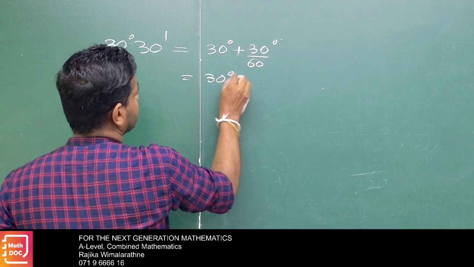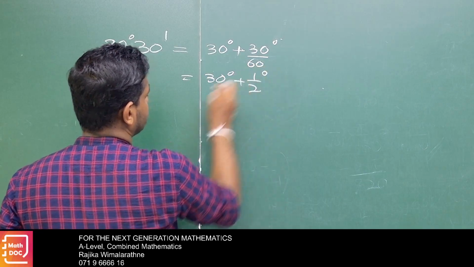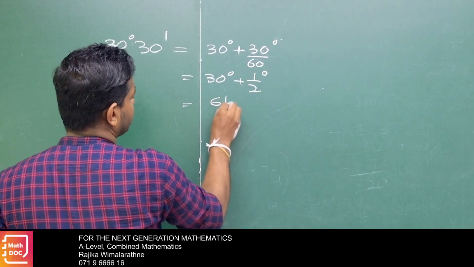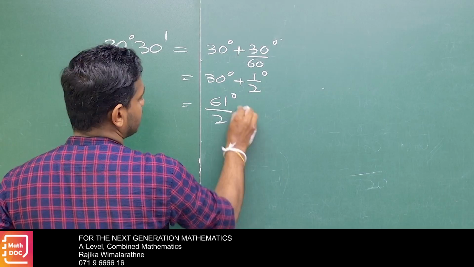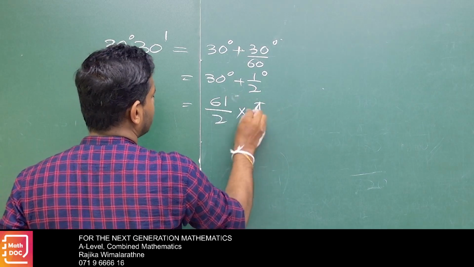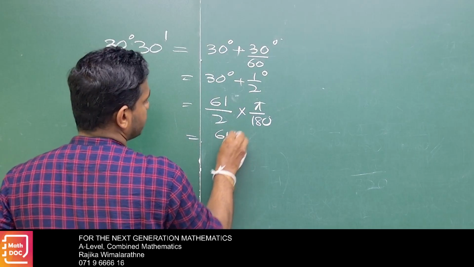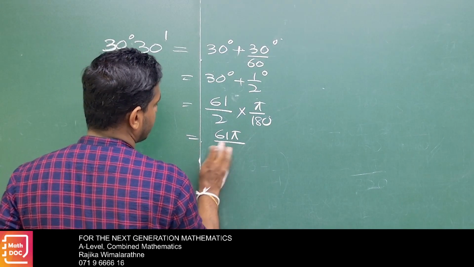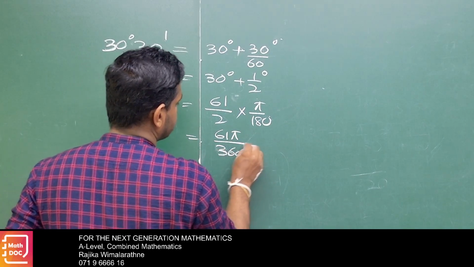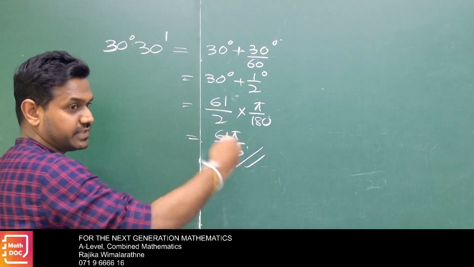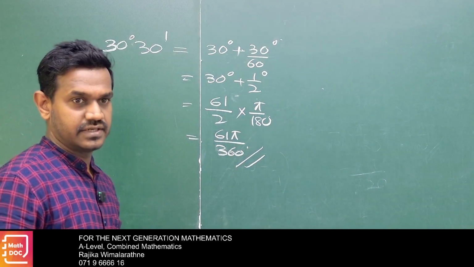Then 30 degree and 1 over 2 degree, then 61 over 2 in degrees. Now just multiply by pi over 180. That's it, no? Then 61 pi divided by 360. So if we have minutes or seconds, we need to convert that into degrees.